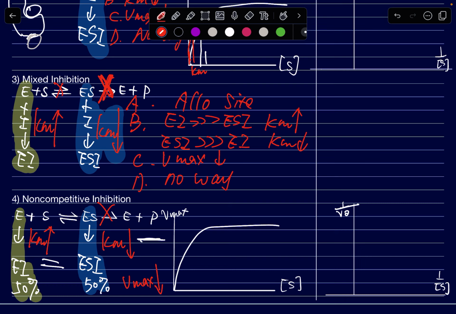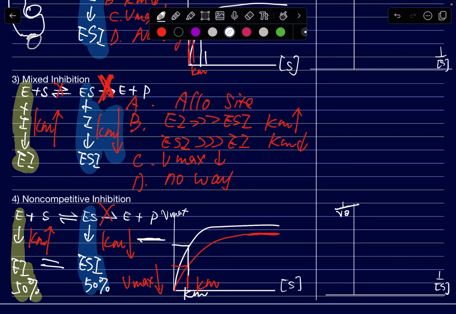graph without any inhibition. And when non-competitive inhibition happens, you know that Vmax decreases, right? And what about the Km? The Km stays the same, right? So it'll be something like that, okay? You have a lower Vmax, but your Km, okay, see, they have a constant Km, right?